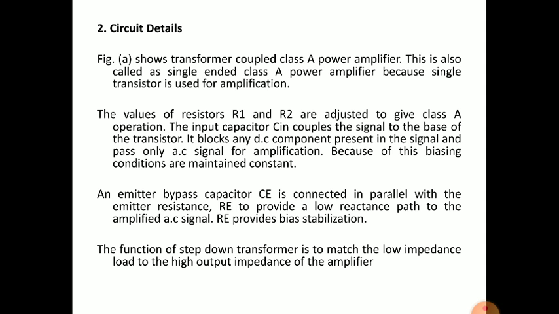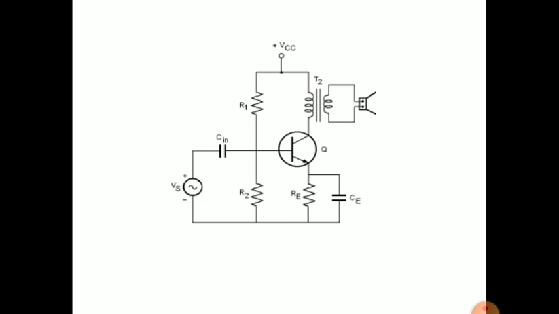The function of the step down transformer is to match the low impedance load to the high output impedance of the amplifier. The RL is replaced with a transformer load in which the primary has the high impedance which is matched to the output of the amplifier circuit, and the secondary is a low impedance winding, which is a step down transformer, and this secondary impedance is matched to the input impedance of the loudspeaker.